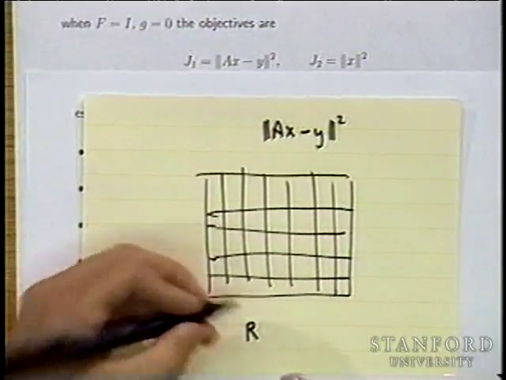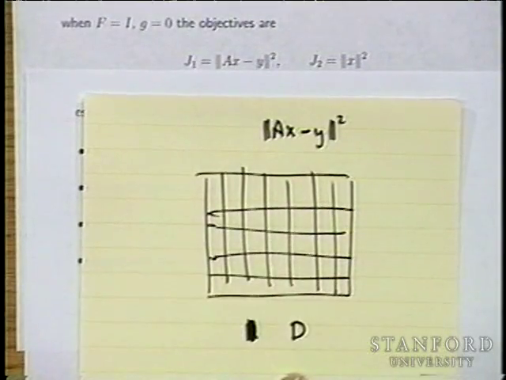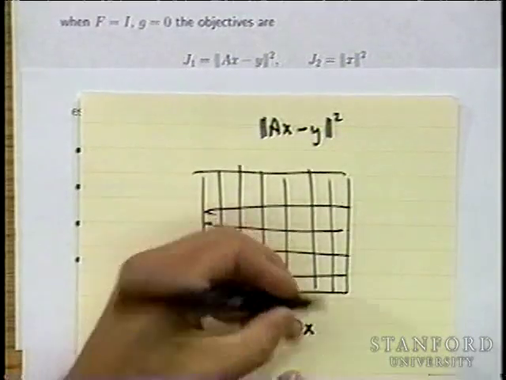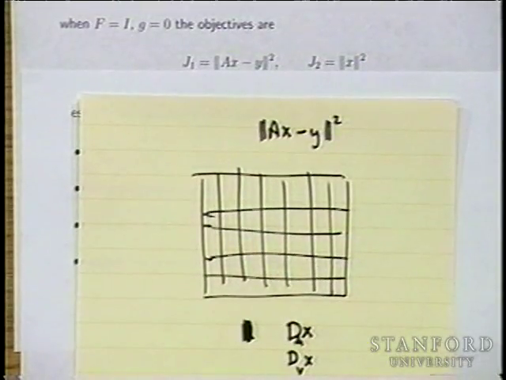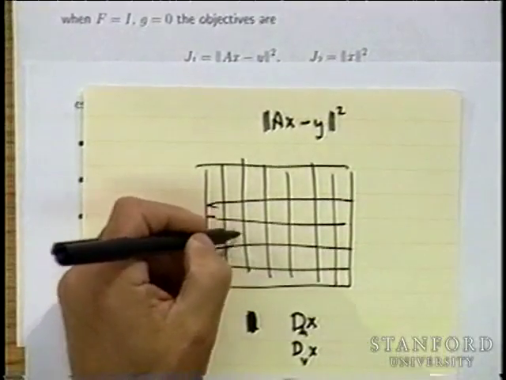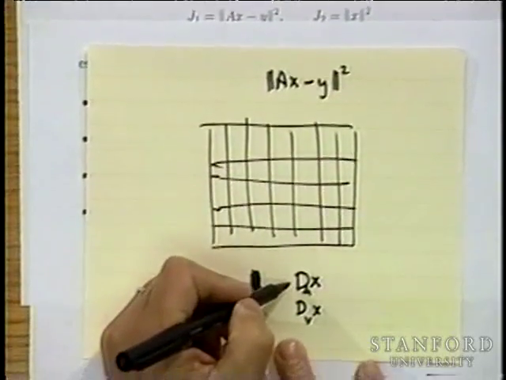I'm going to call it a matrix D, because it's really a differentiation. And I'll take Dx, and I could have things like D horizontal x and D vertical x. So this is a new image whose value at a certain pixel is the horizontal difference here, and that's the vertical difference.